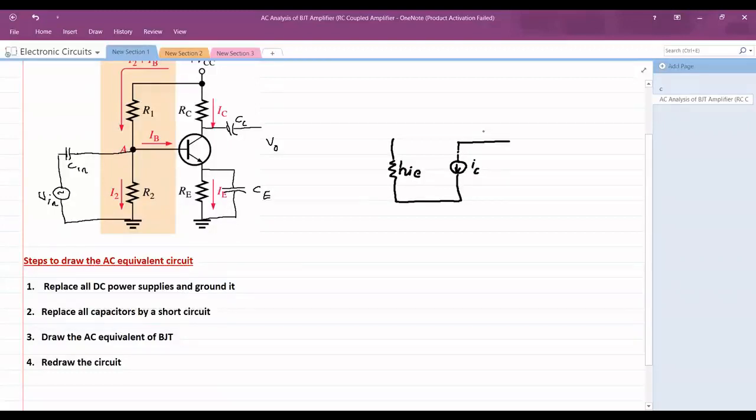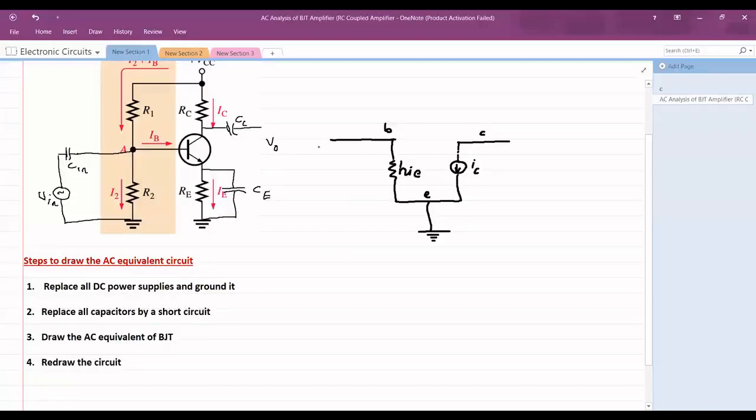So this is our collector and this is our base and this is the emitter. Now, because this capacitor is replaced by a short circuit, the emitter resistance becomes 0 because of the short circuit.